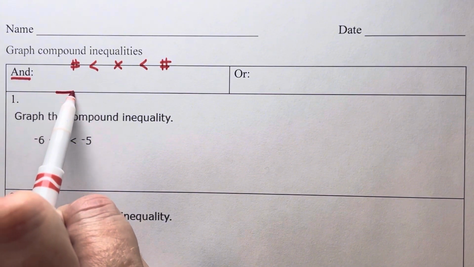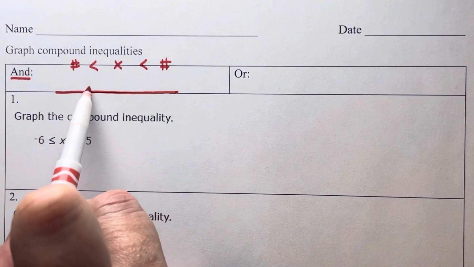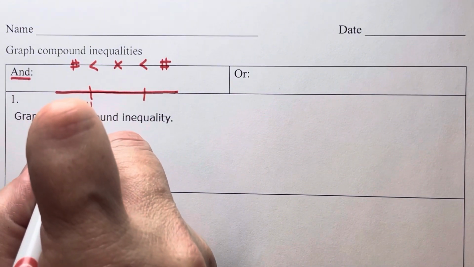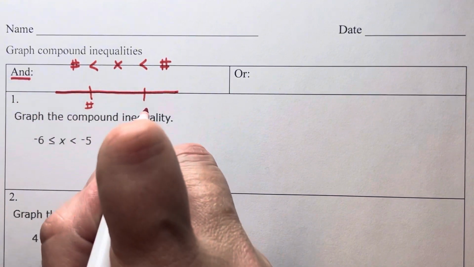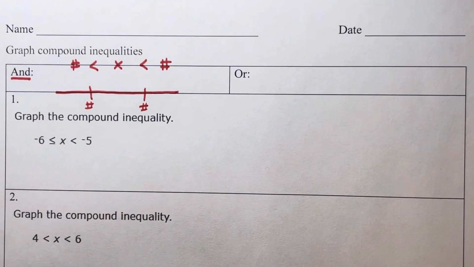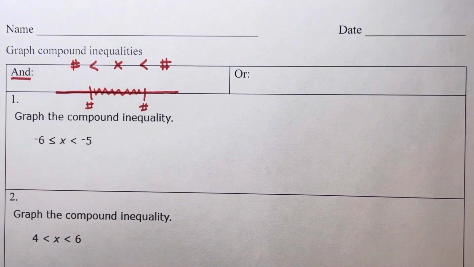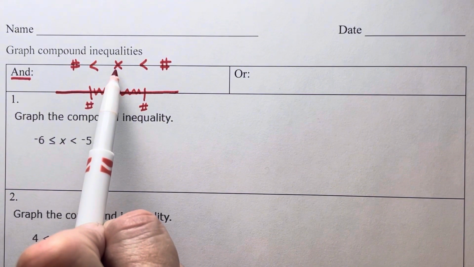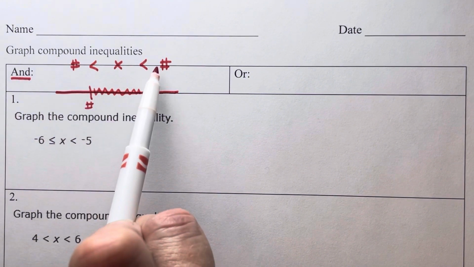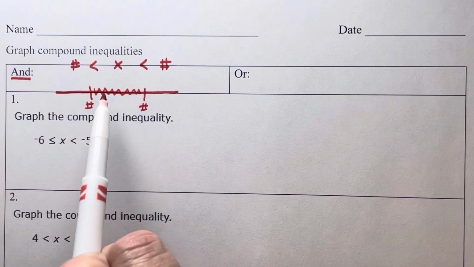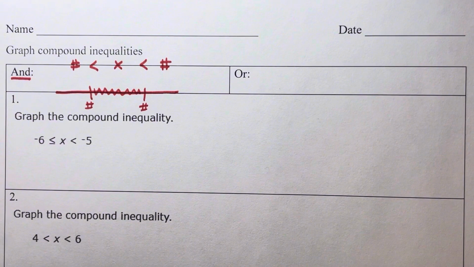And as a result, the graph that we build is going to have your two numbers in order from least to greatest, and then the shading will occur in the middle between them. One way to think of this is that if x is in the middle of the inequalities, then the shading will be in the middle of our numbers also.